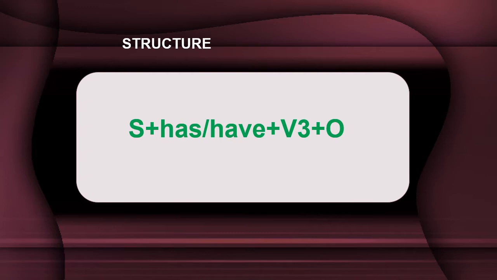Example: if you take the verb go, V2 is went, and the V3 form is gone. In the perfect tenses, always remember that we use only the third form of the verb, the past participle.